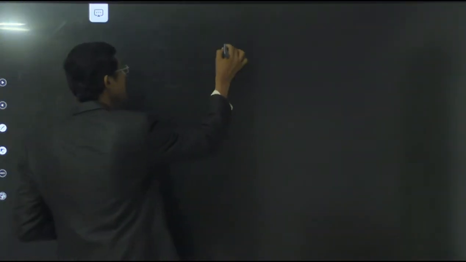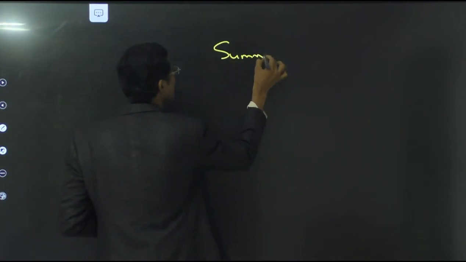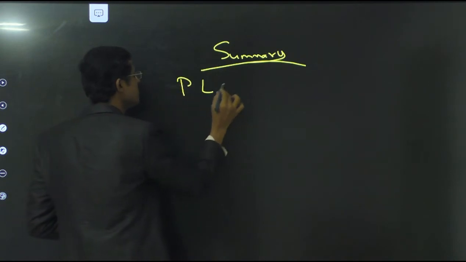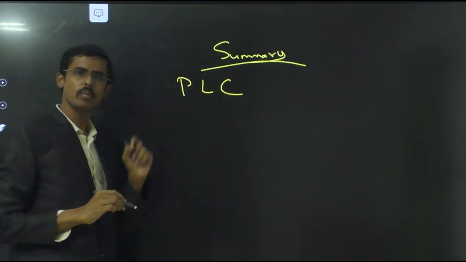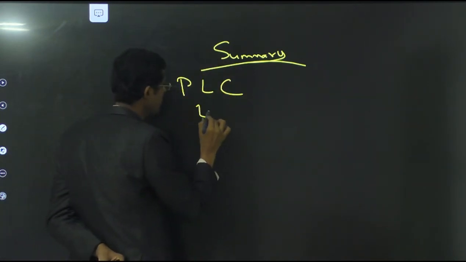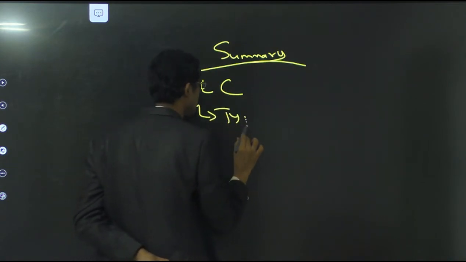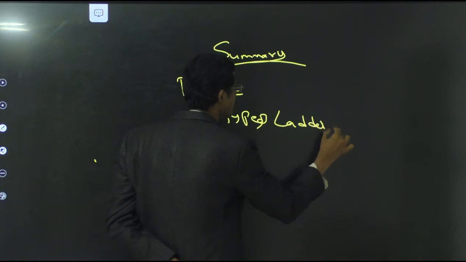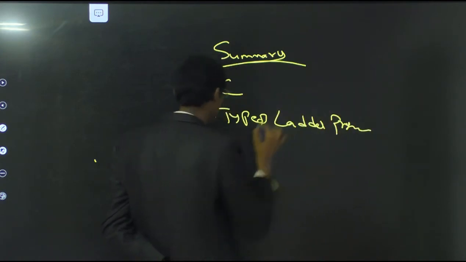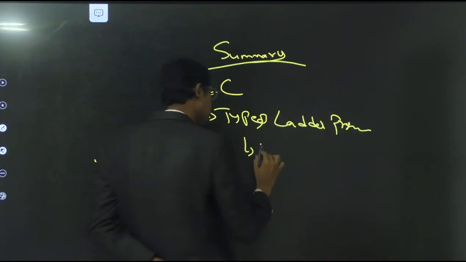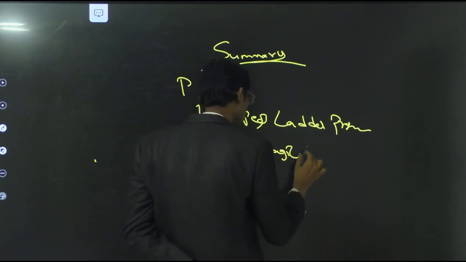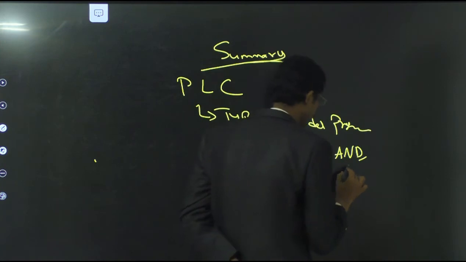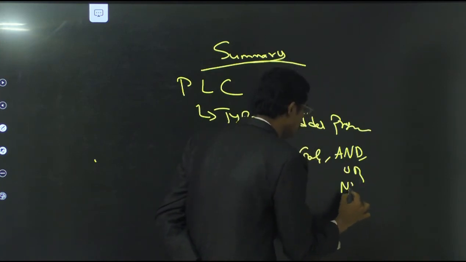So the summary. In the PLC, we have talked about these types of ladder diagrams, ladder programs. On that we have seen logic gates, the AND, OR and NOT functions.